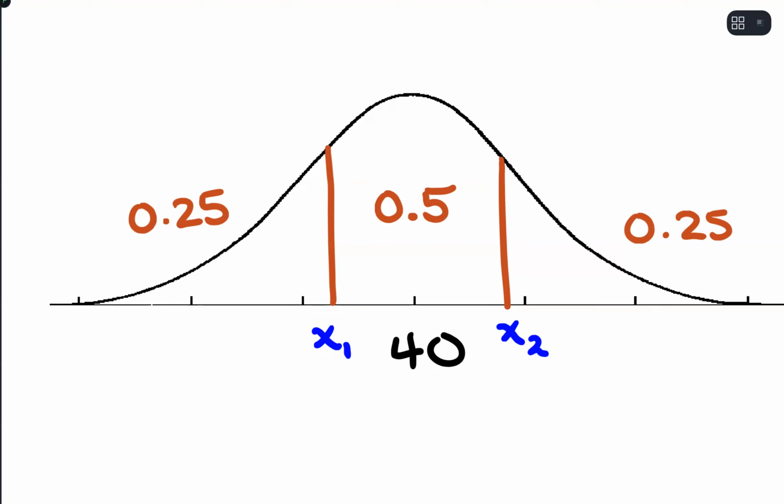Okay, finding these x1 and x2 values we'll need to do separately. Let's start with x1, that smaller value. If I'm working with that smaller value, I need to think about what's the area to the left that we're given. The area to the left of x1 is just that left-hand tail, which is the 0.25.